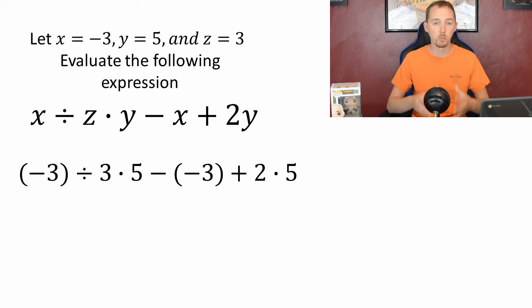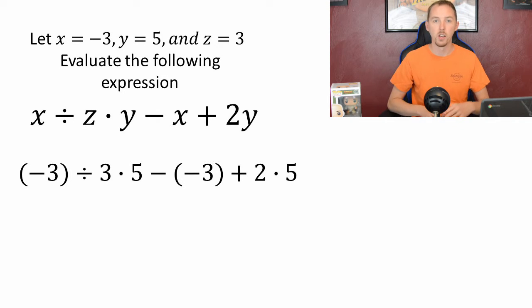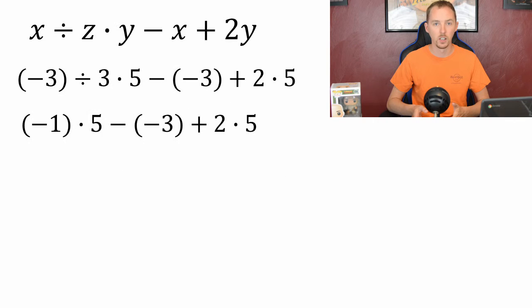So the order in which we perform these operations, we're going to start with the division first, because if you'll notice, there's division and multiplication right next to each other. But we're going to do it in order from left to right. So we're actually going to do -3 divided by 3 first, which gives us -1.